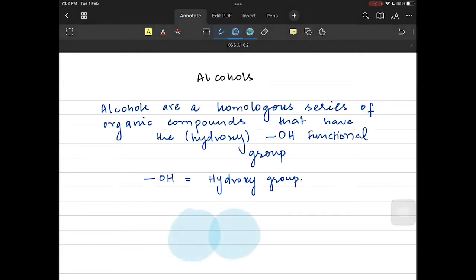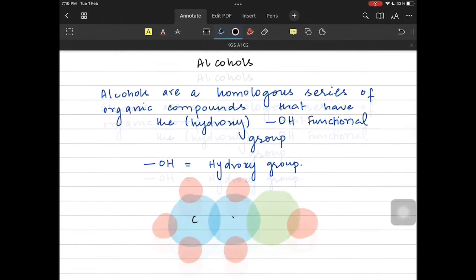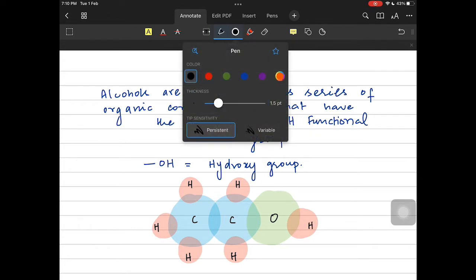Now, let's recall. For example, I have 2 carbon atoms, and I've got hydrogen atoms over here, and I have an oxygen atom and hydrogen atom. These are the carbons. These are the hydrogen atoms bound to the carbon, and there is oxygen and hydrogen over here.